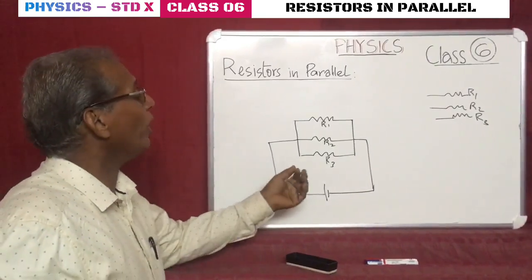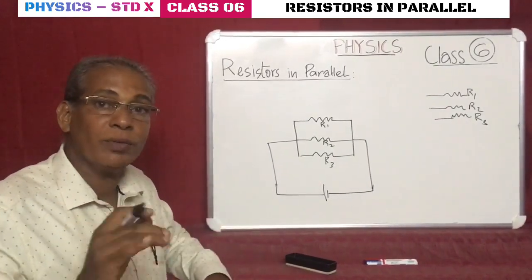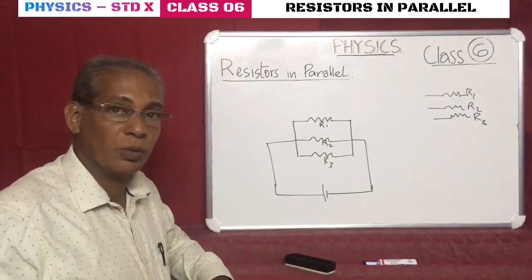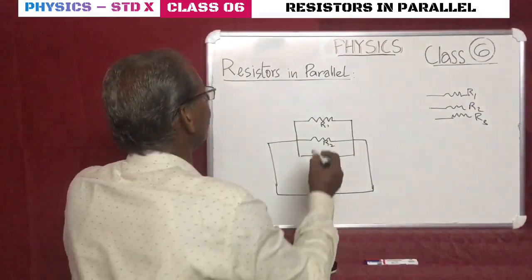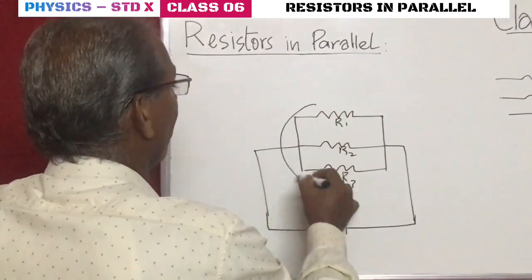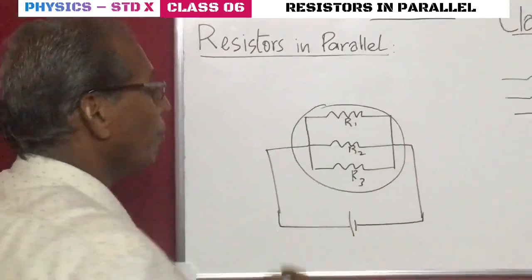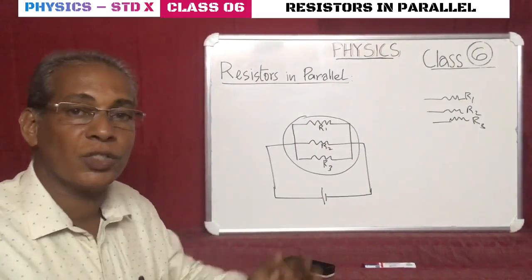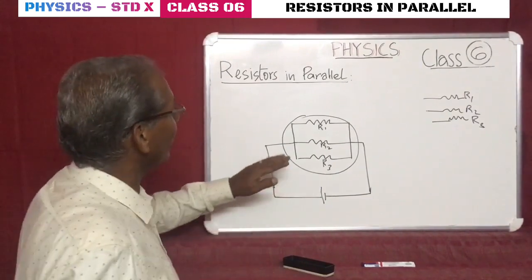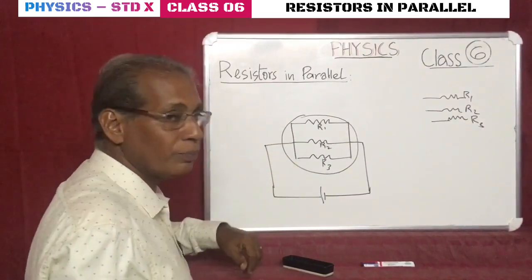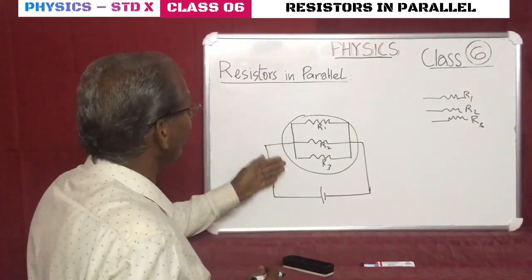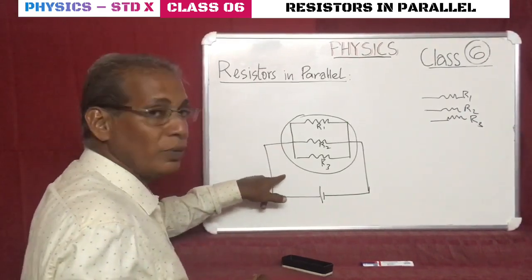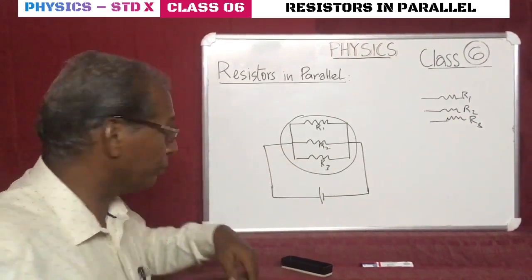Now we have to see the effective resistance of this circuit. That means if I have a single resistance and connect in this circuit, what current here we get from that circuit.